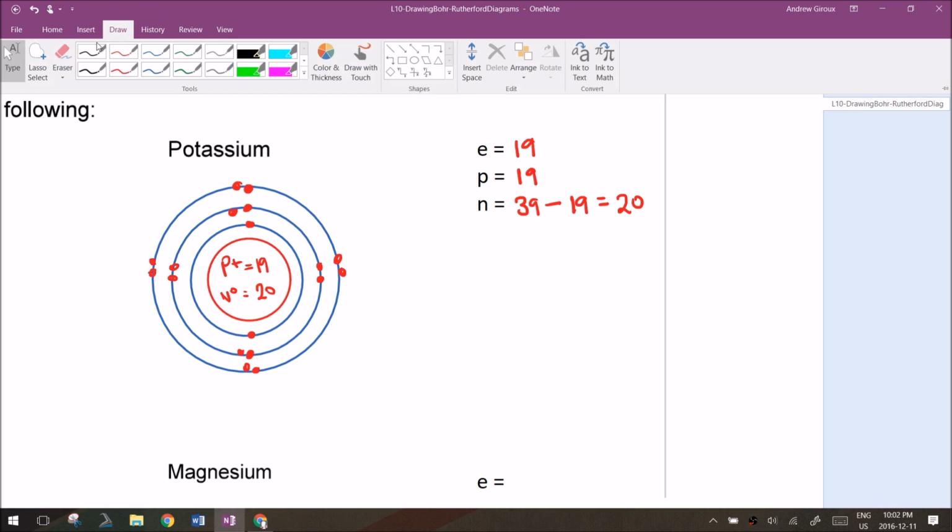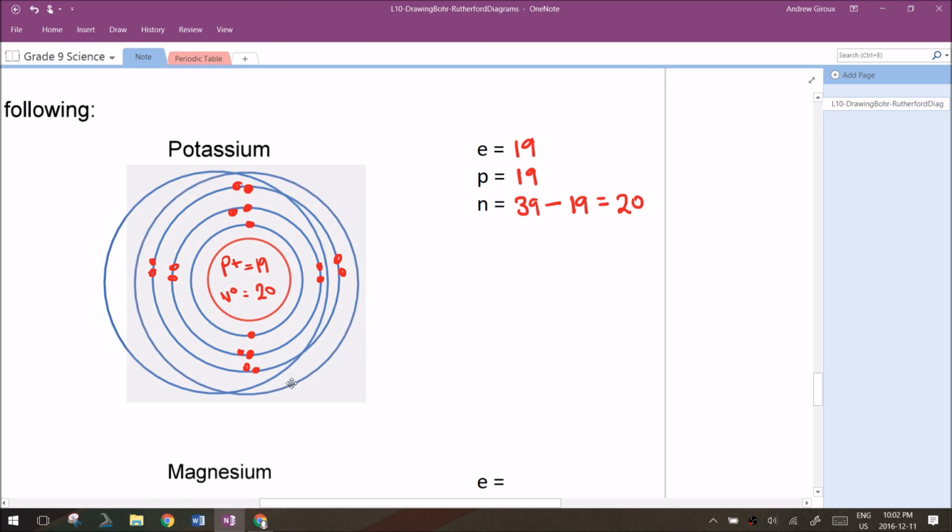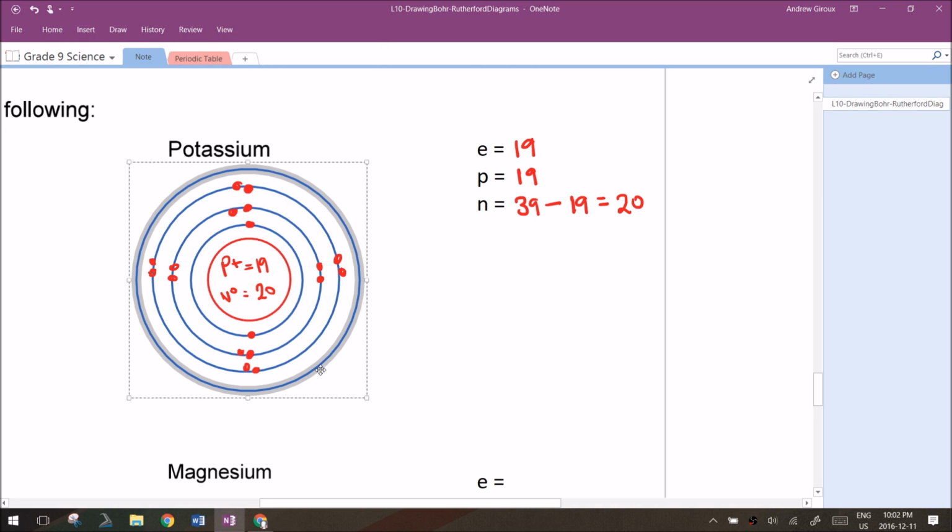I still need 1 more, so I'm going to put on another energy level. And there's the last electron. So potassium also, similar to some of the ones we've drawn earlier, has 1 valence electron. So that's a total of 19 electrons, 19 protons, and 20 neutrons.